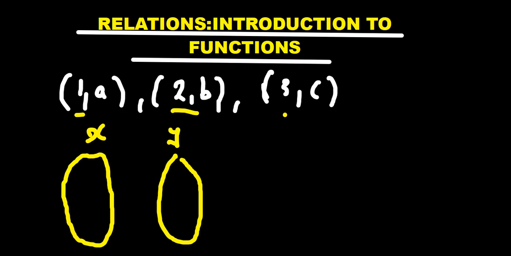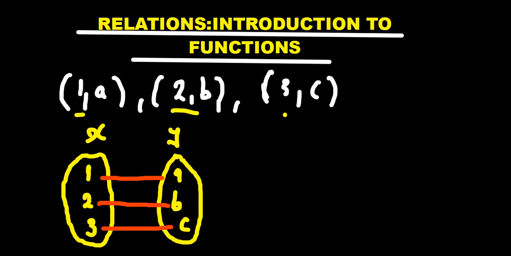So for our x values we've got 1, 2 and 3, and for our y values we've got a, b and c. From our expression, 1 is mapping to a, 2 is mapping to b, and 3 is mapping to c.